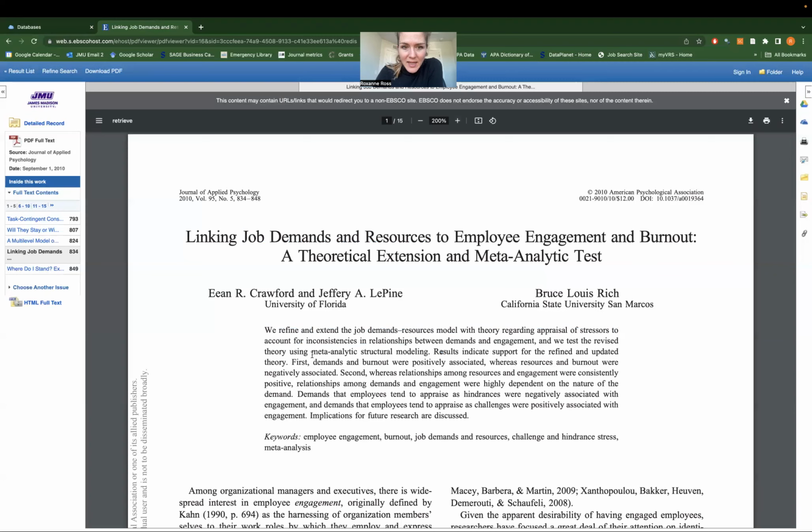They say that they use meta-analytic structural equation modeling, and that's something a little bit more complicated than just a typical meta-analysis. It's fine. It doesn't matter, because all you're going to look for in your meta-analyses and your primary studies, for the most part, is just one effect size.